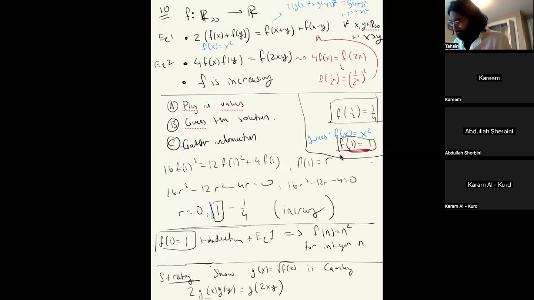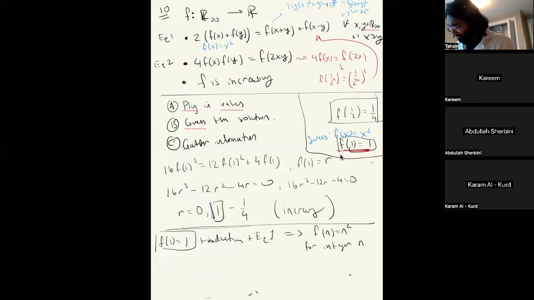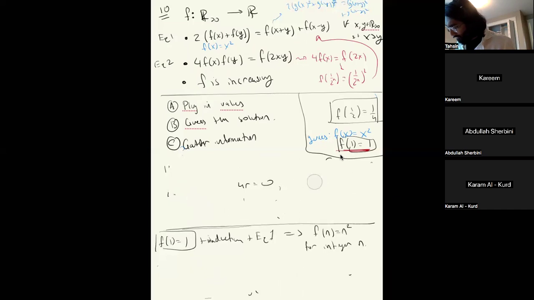Sorry, can you say the suggestion again? f of 2xy equals 4 f of xy, in the second equation, and we divide by 4. It would be easier to work with.